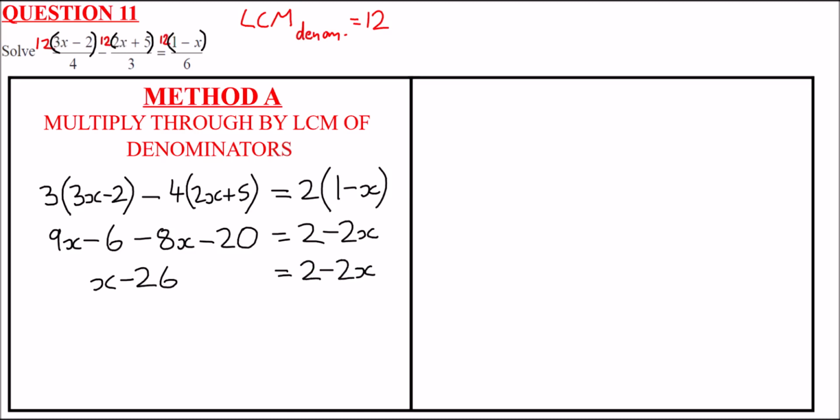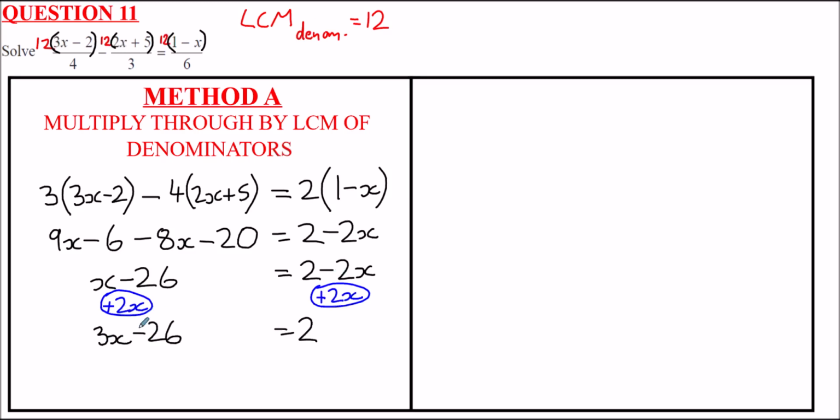The suggestion I have now is always to get all the x's onto one side of the equation. So I can get rid of these negative 2x's by adding 2x's to make them vanish. If I add 2x over here though, I need to do the same on this side as well. So on the left, x plus 2x gives me 3x. Still have that minus 26. Over here, those minus 2x's have vanished. I've still got 2.